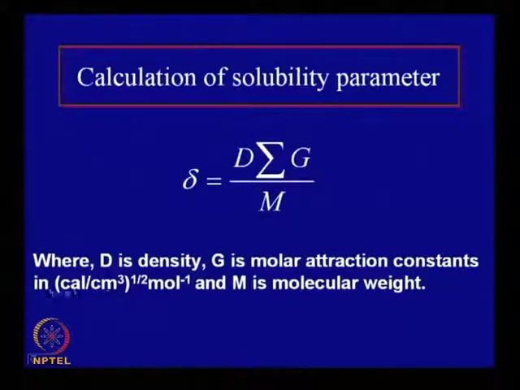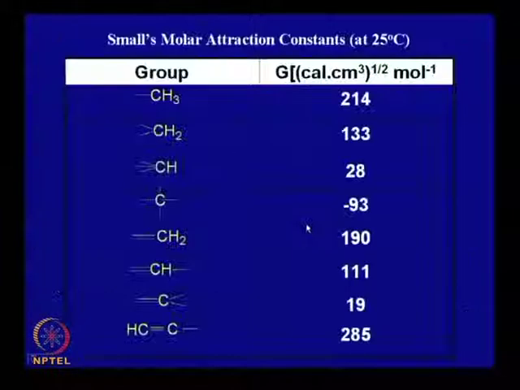G values are in calories per cc square root per mole, and M is the molecular weight, and this G can be calculated, because it has been evaluated that these G values, known as molar attraction constants, were measured by some experiments at 25 degree Celsius.